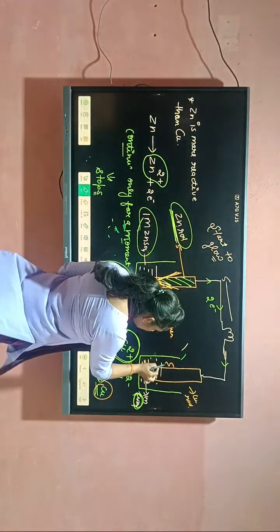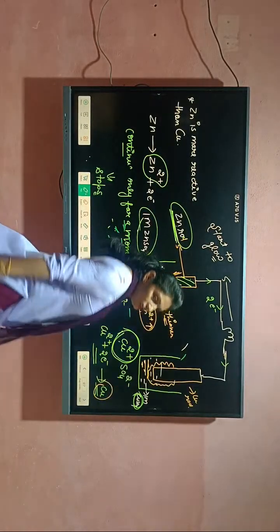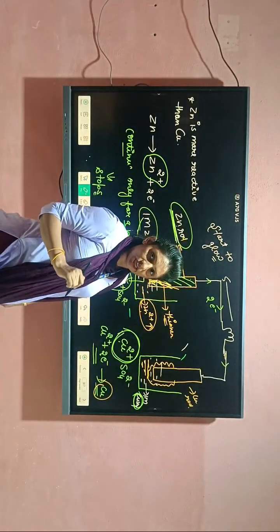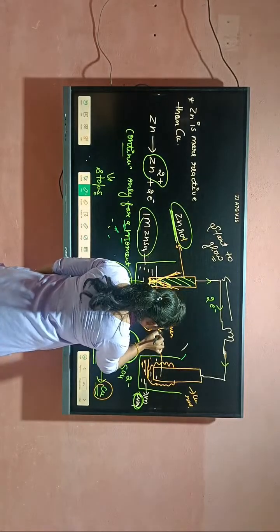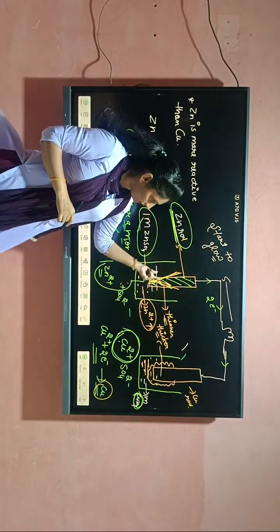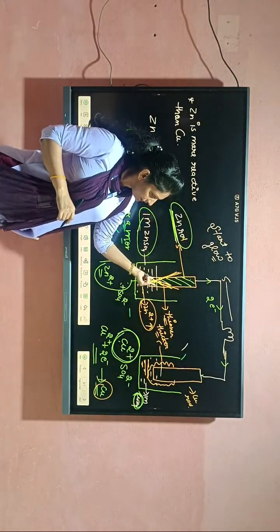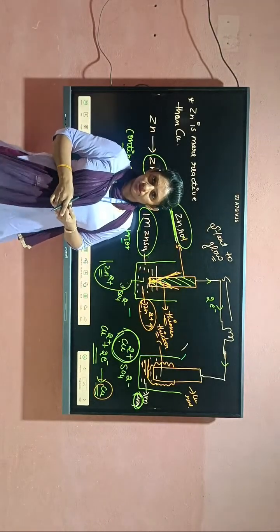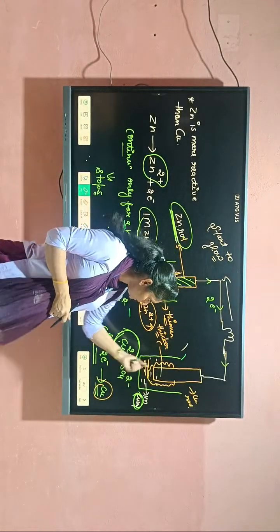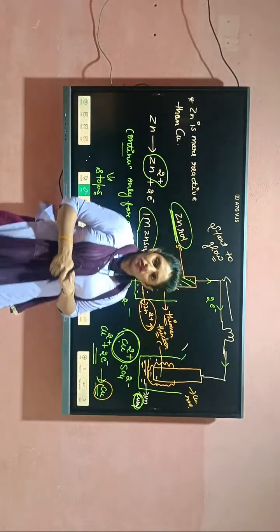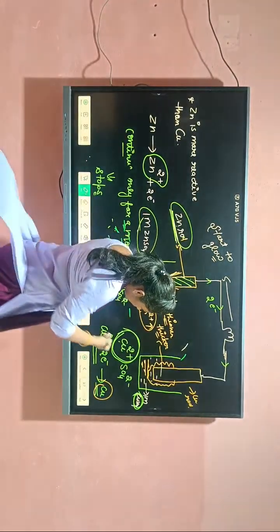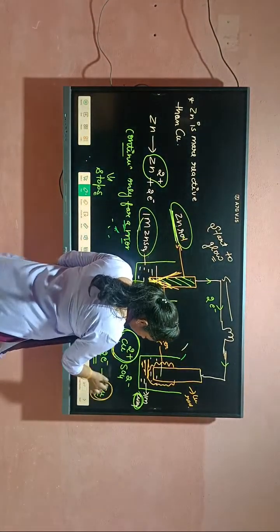So here deposition of copper takes place on this rod. Deposition of copper takes place on this rod. So it becomes thicker. Here deposition takes place, but this one is depleting with time. So it is becoming thicker as compared to the first moment.